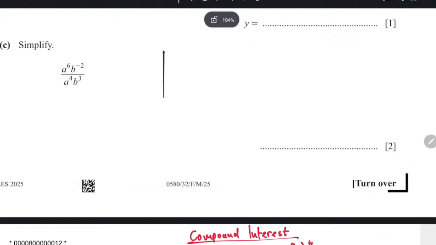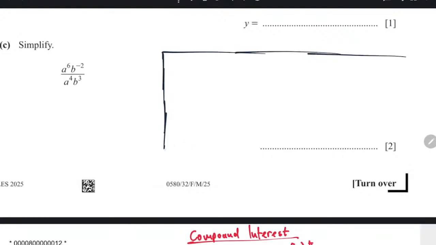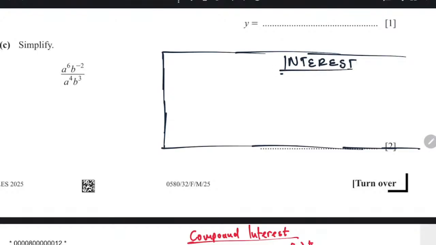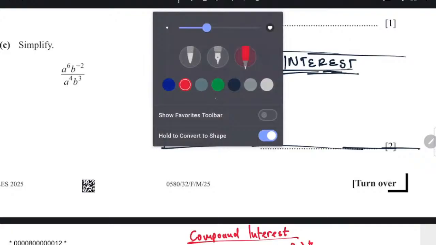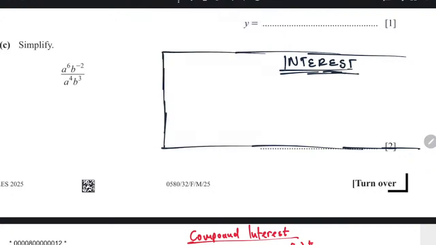Okay, so listen closely. The first thing you do the moment you enter the exam, you go to a question which has the word interest. And let's agree, there's one thing I hate: if any of you break any rule, it's illegal. We are not allowed to break a rule. So the steps I give you, you walk in the exam, you do them, you walk out. Don't change them.